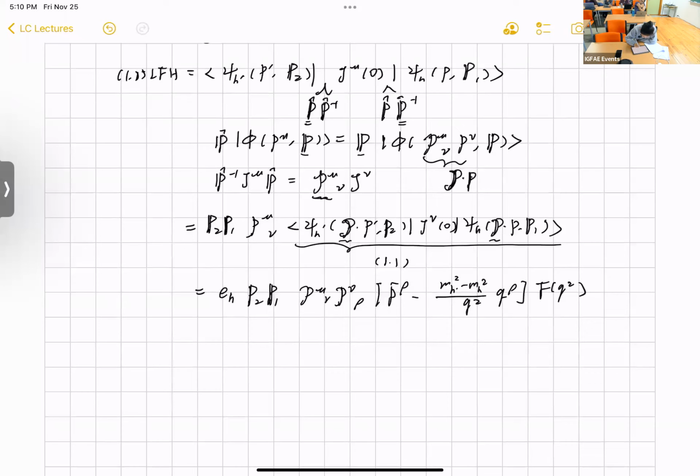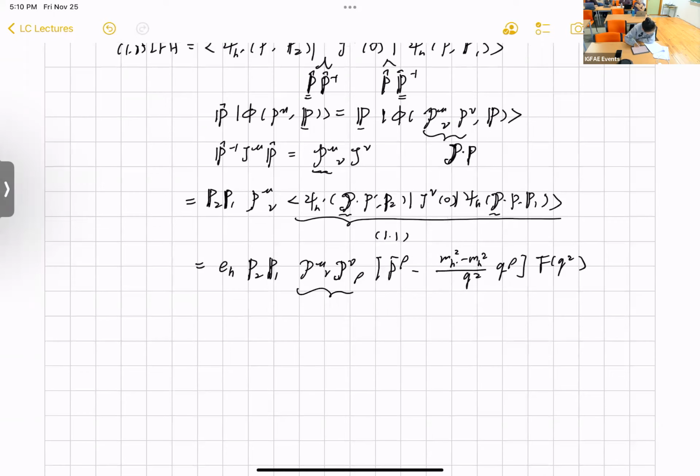Both of these P are the operator of parity, and I know that its inverse is also itself. If I write it out, the matrix form is like this. Explicitly, this would give us just the delta mu rho. So if I apply this here, it will switch this rho; you replace those rho with mu.